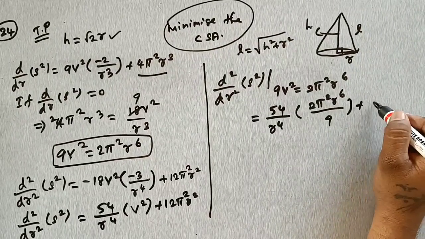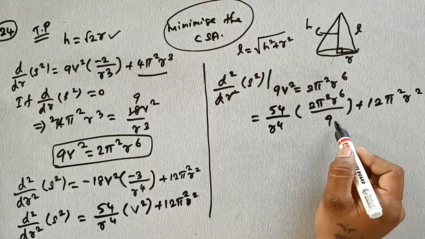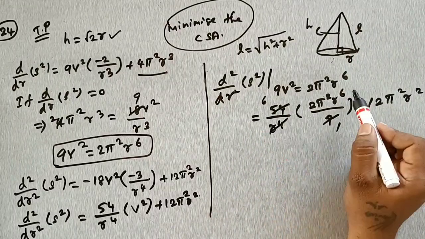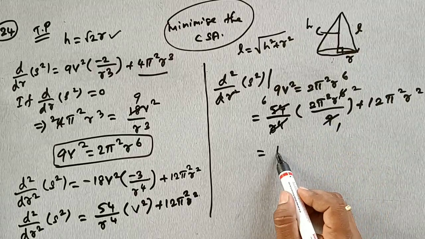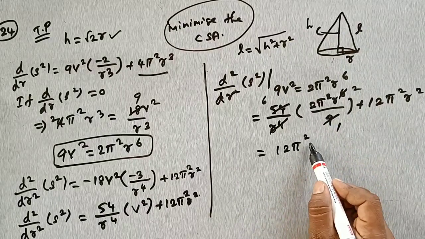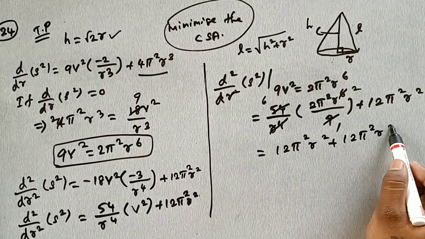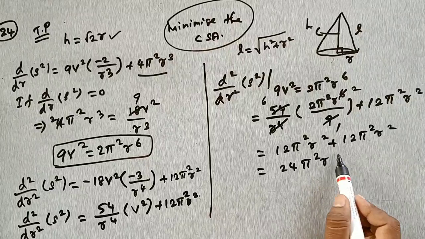The second term will be as it is, 12 into pi square into r square. So we can cancel the 6 times. Here r power 4 cancelled means r square will come. So 6 twos are 12, 12 times pi square r square. Already 12 times pi square r square is there. That is equal to 24 times pi square r square.